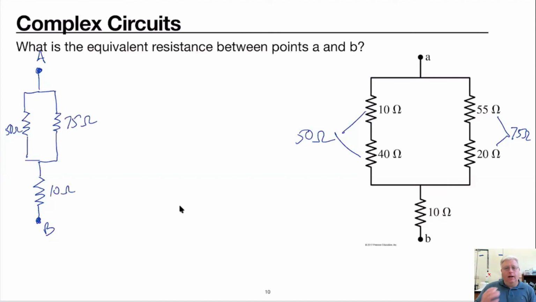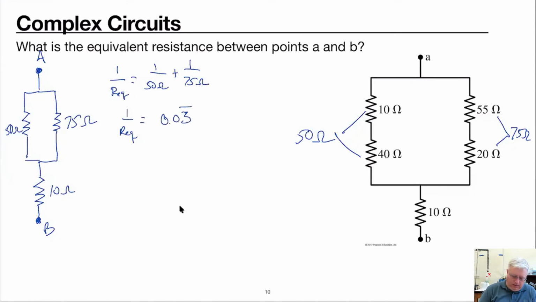Okay, and so now we could break it down some more. We could take these two in parallel, find out their equivalent resistance. 1 over Req equals 1 over 50 ohms plus 1 over 75 ohms. And so 1 over Req would be 0.03 repeated. And then solving for Req, I get 30 ohms.